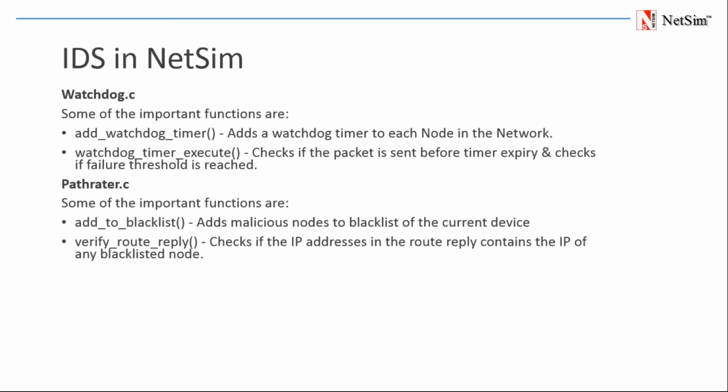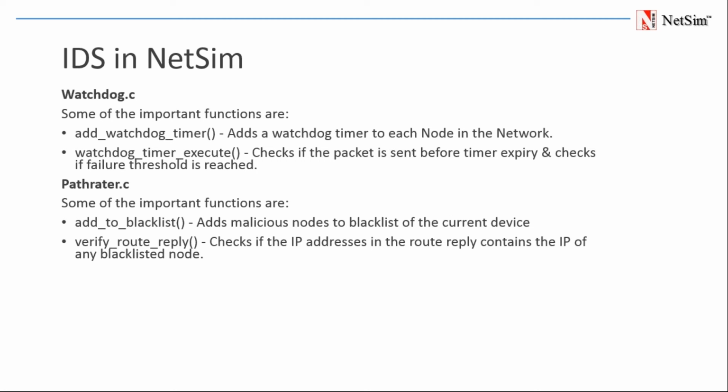Now for implementing IDS in NetSim, we have to add these two files, watchdog.c and pathrater.c, in the IDS project. The watchdog.c has two major functions. One is add watchdog timer, which adds a watchdog timer to each node in the network, and watchdog timer execute, which checks if the packet is sent before timer expiry and checks if the failure threshold is reached.